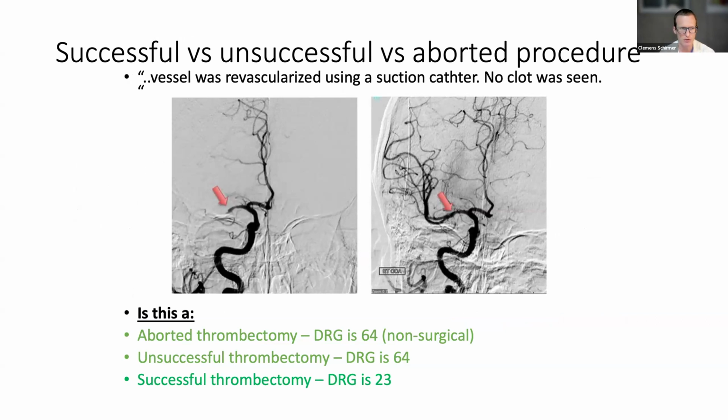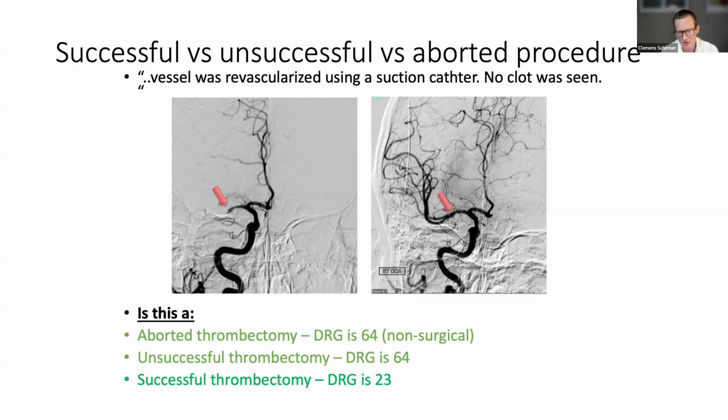For example, if you do a thrombectomy and you have essentially an unsuccessful and aborted procedure, you dictate something to the effect that you've revascularized the vessel with a suction catheter, but no clot was seen. To me, or to us, or to everyone, that looks like a pretty successful procedure. The question is, is this an aborted thrombectomy? Because you didn't take any thrombus out, right? Is this unsuccessful?